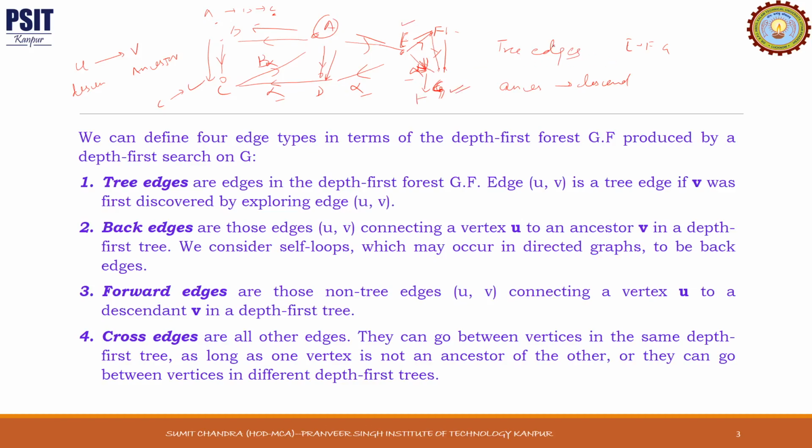What is an ancestor? If a vertex U comes before vertex V in a path, then U is the ancestor and V is the descendant, as you all know. This edge is represented by F. All other types of unexplored edges are called cross edges, represented by C. Shortly we'll see an example and you will understand this.